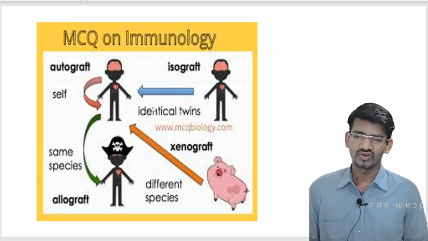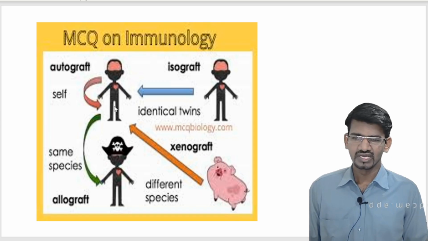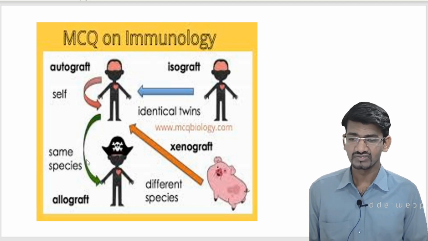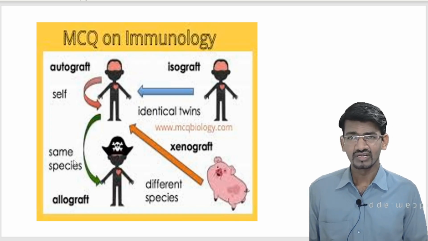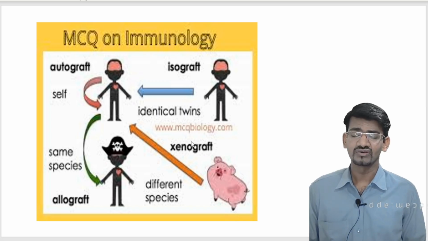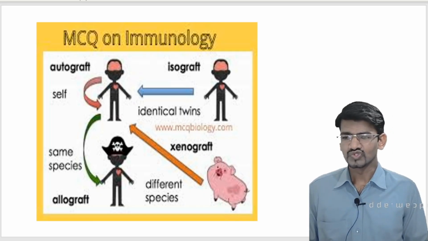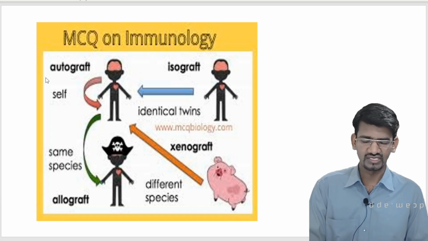That is called iso or syngenic grafting. If it is between the same species but non-identical twins, it is called allograft. It can be non-identical twins or the cadaver. If it is from another species like animals, then it is called xenografting. So this is all about the sources based on the species from where we take the skin graft.